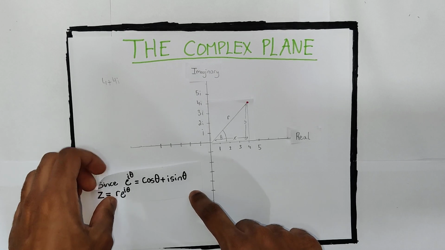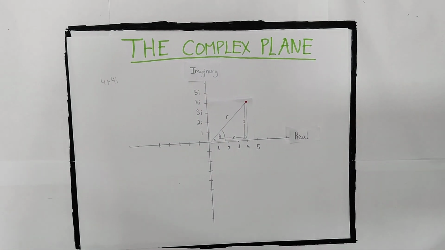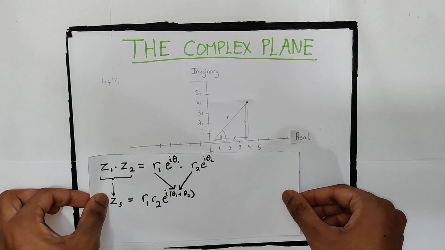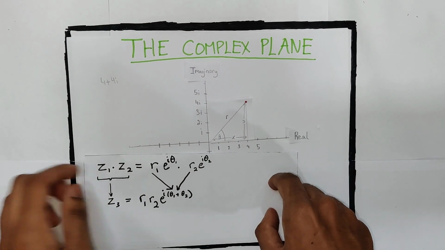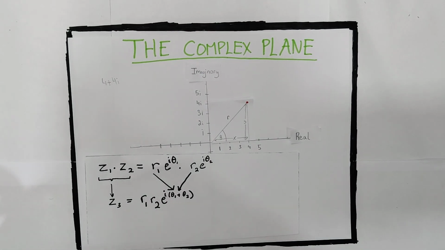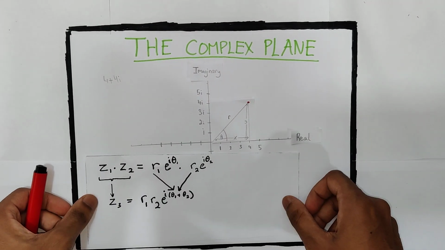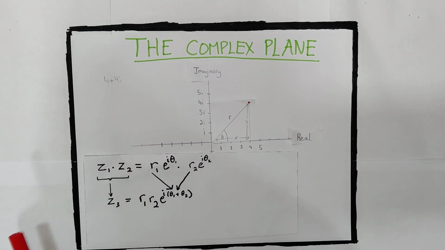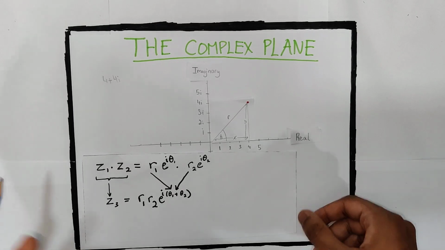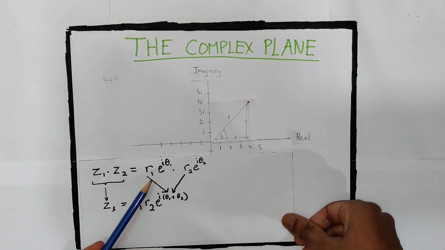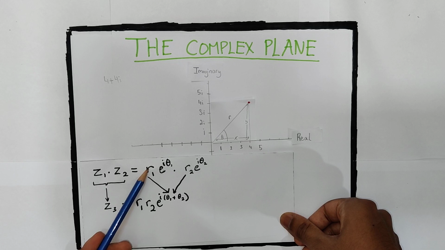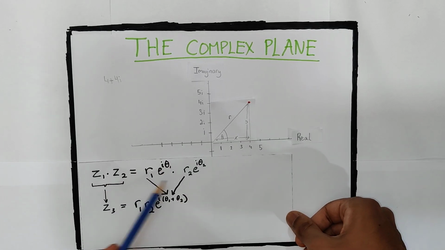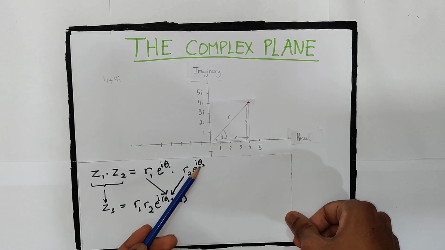What this does is it brings about some new interesting facts about a complex number in the complex plane. Now, let's suppose that we're going to multiply two complex numbers. Any complex number, z1 multiplied by z2. If we rewrite them in polar form, we say that z1 will be r1 e to the i theta 1, and z2 will be r2 e to the i theta 2.